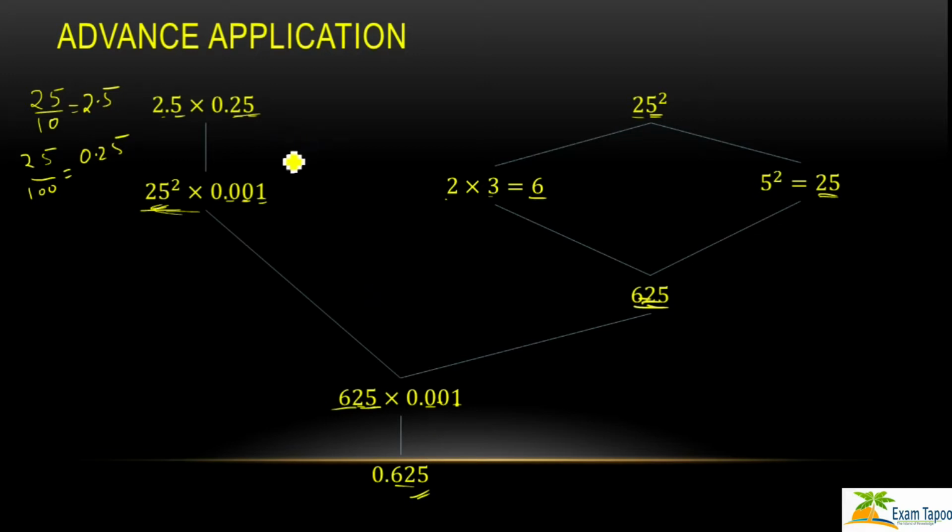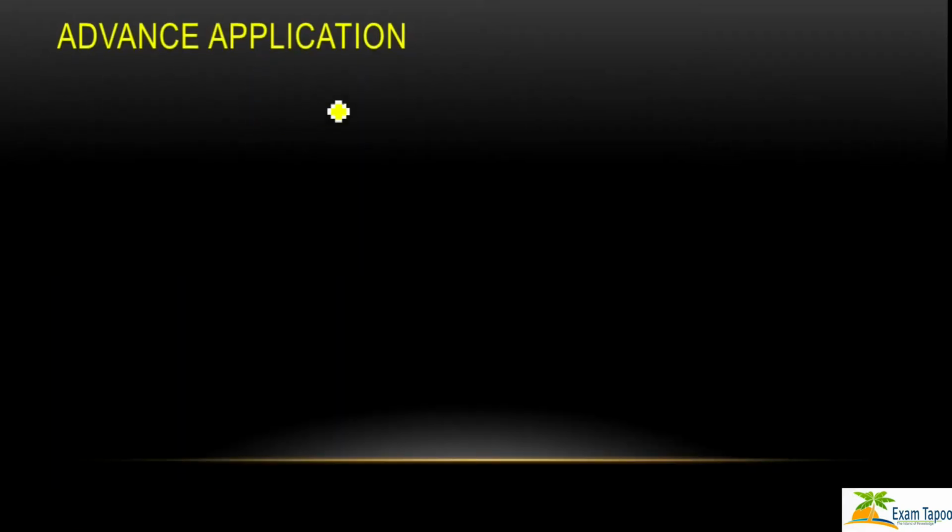Let's see some more examples. For example, I want to multiply 0.35 times 0.035. What would be the technique to multiply this kind of number?